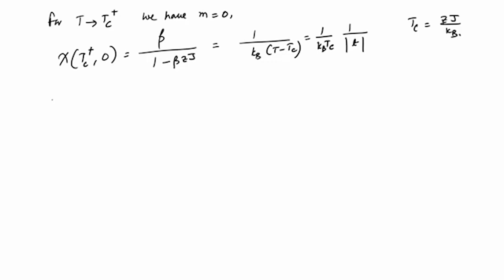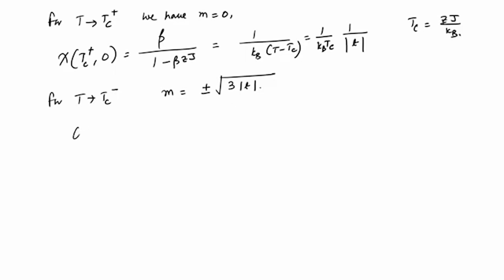If you take it for T c minus, that is below T c, basically very close to T c, we know that the behavior of m is that it is equal to plus minus root over 3 mod t, which we have found earlier.